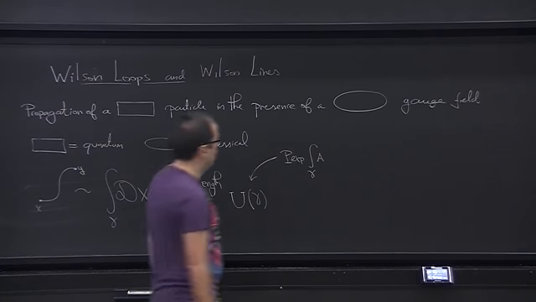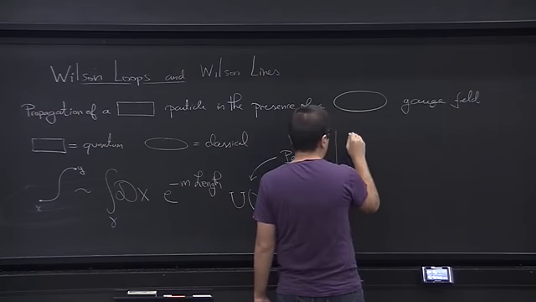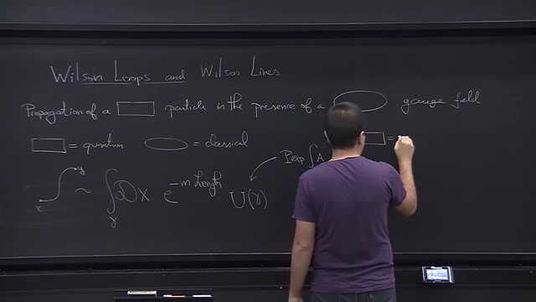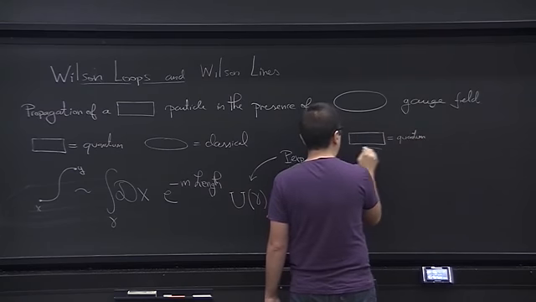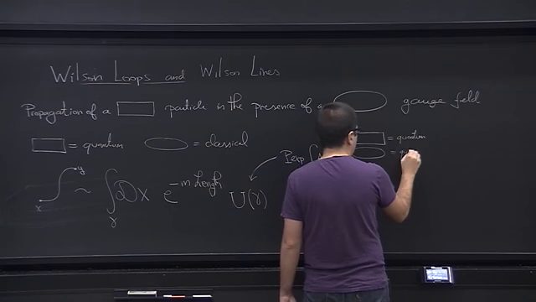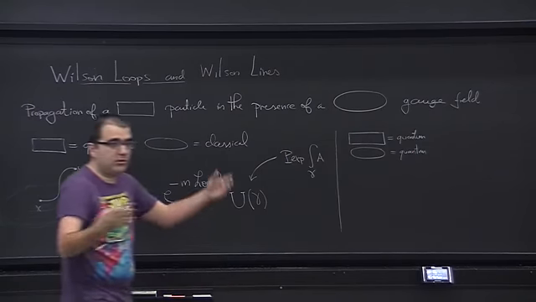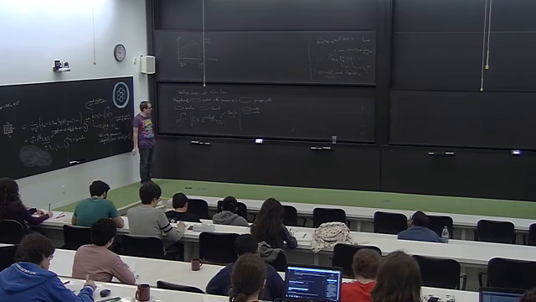Good. Now, if we consider still a quantum particle, but also a quantum gauge field, so one that fluctuates, right? So I also don't specify what the gauge field is, but let's sum over all configurations of gauge field.